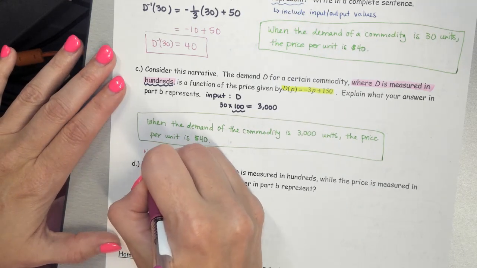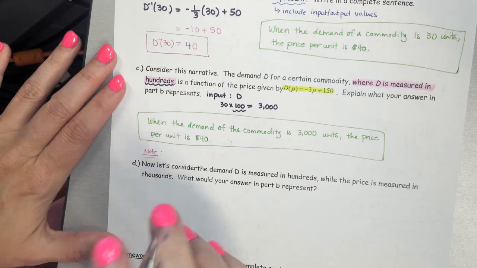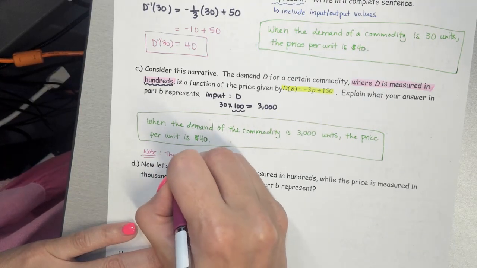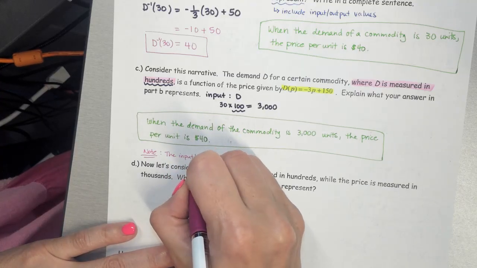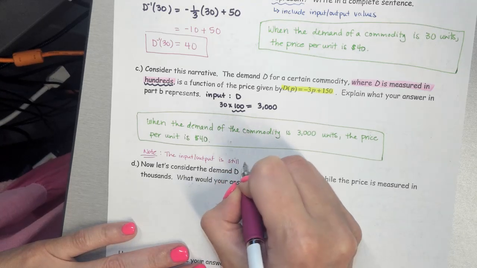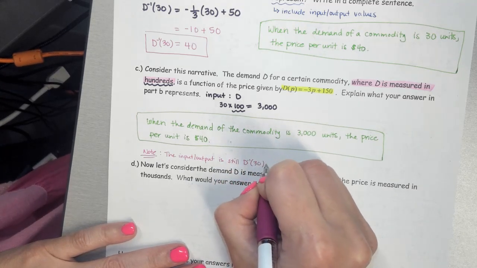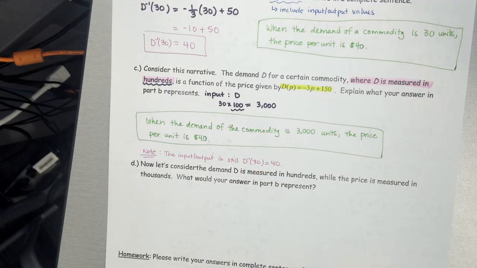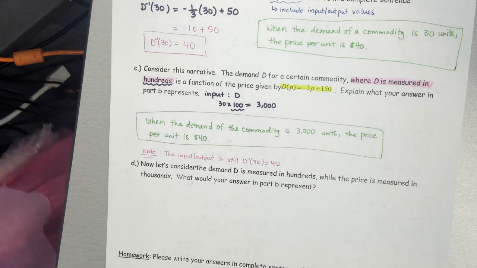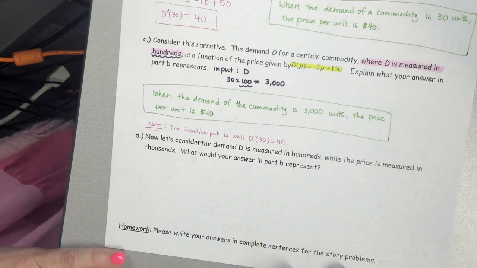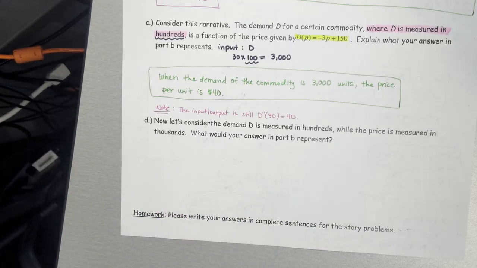I do just want you to know the input does not change. You would plug 30 into the equation. You would not plug 3,000 into the equation, because the equation is formed with this in mind. The only thing that changes is your explanation.